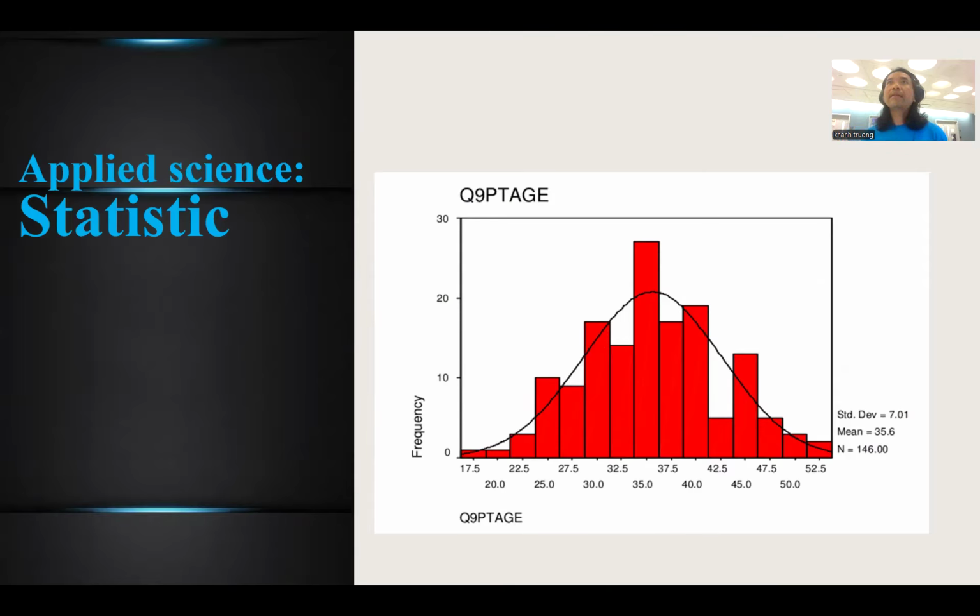And then almost 95% will fall within two standard deviations, which means that the weight of 95% of the population will fall between the average weight plus or minus two standard deviations.